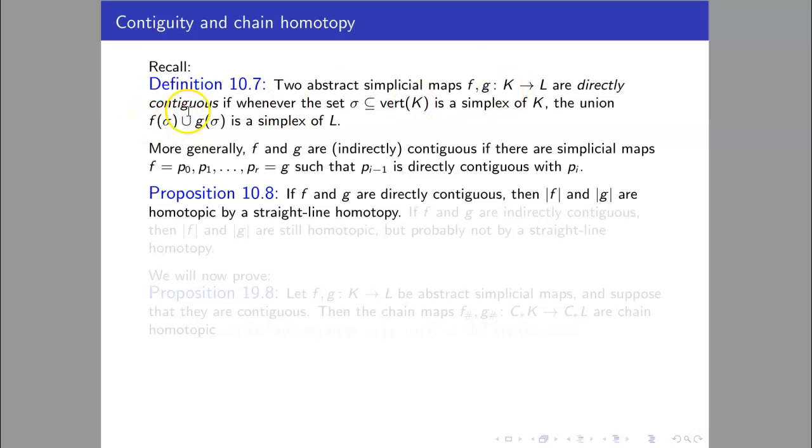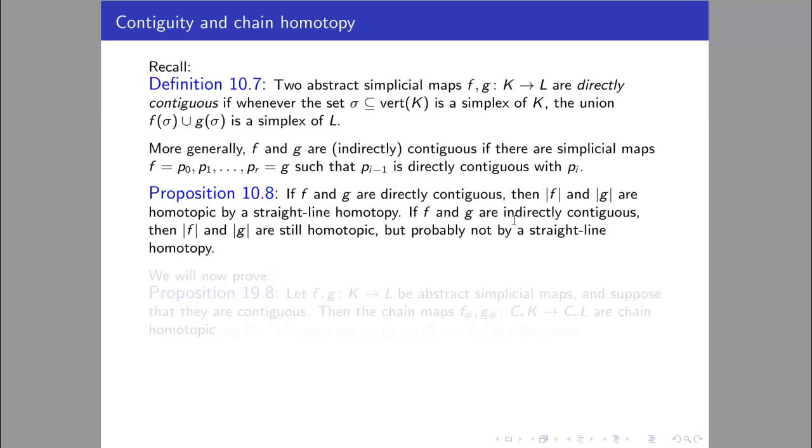If you apply G to it, that's in the realization of the simplex G sigma. And if the union of those two simplices is still a simplex, then you can draw a straight line between those two points, between Fx and Gx. That will still lie in the geometric realization of L. So you can do a straight line homotopy between the realization of F and the realization of G.